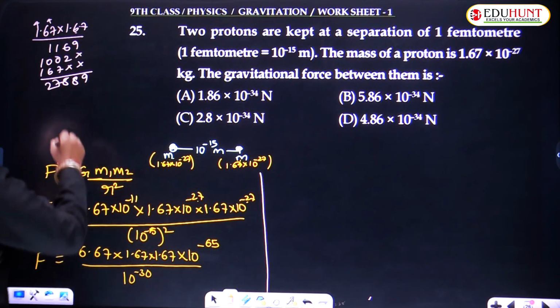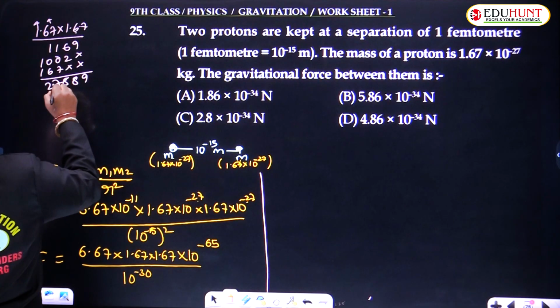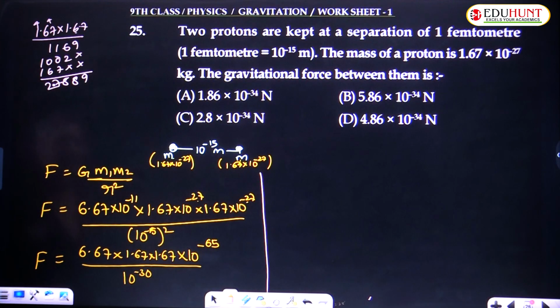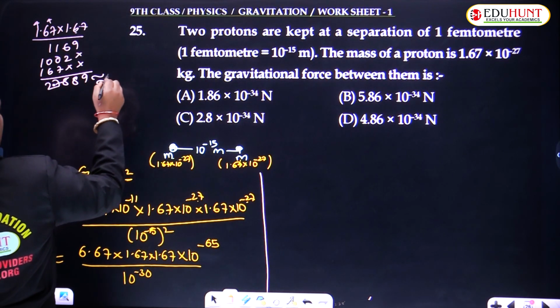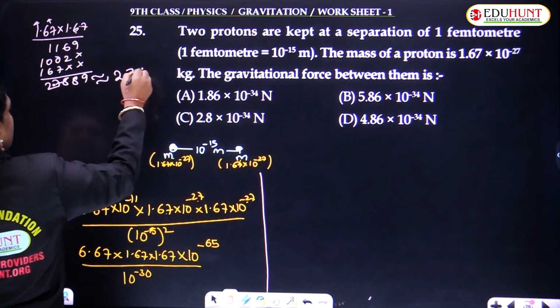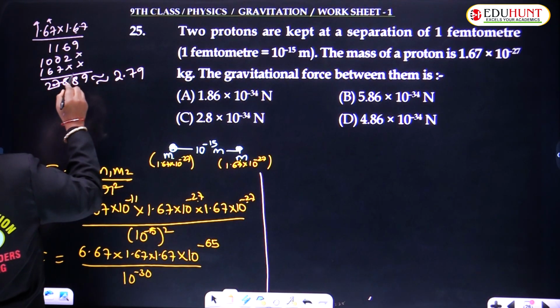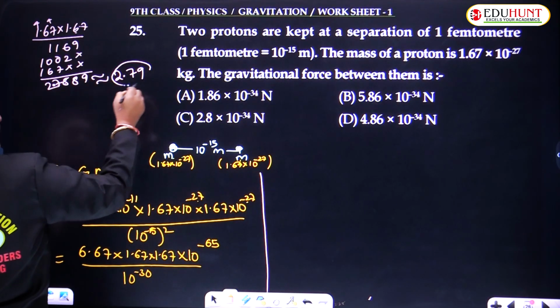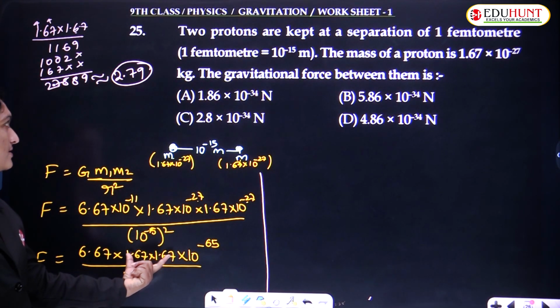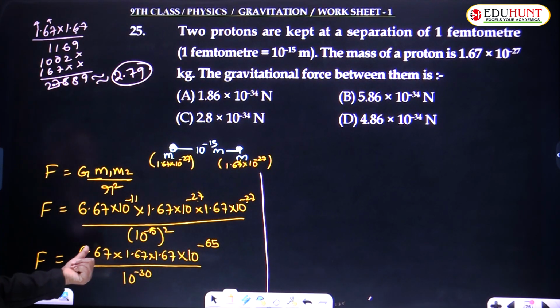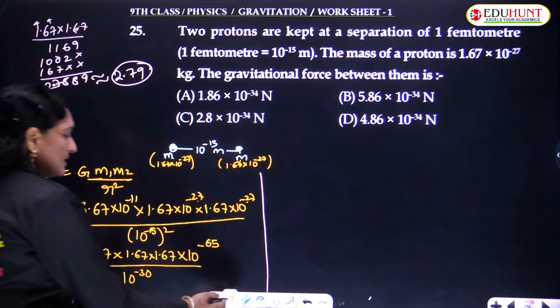It is 2.7889. So 1.67 into 1.67 we got as 2.7889. Let me take this value approximately as 2.79. So this product you are getting as 2.79. Again 2.79 you have to multiply with 6.67.